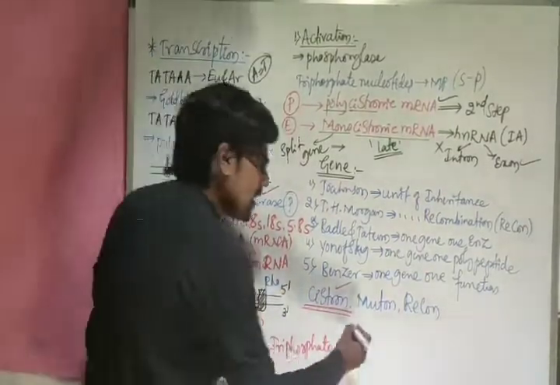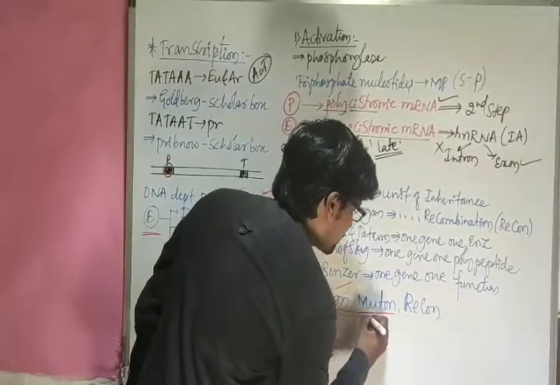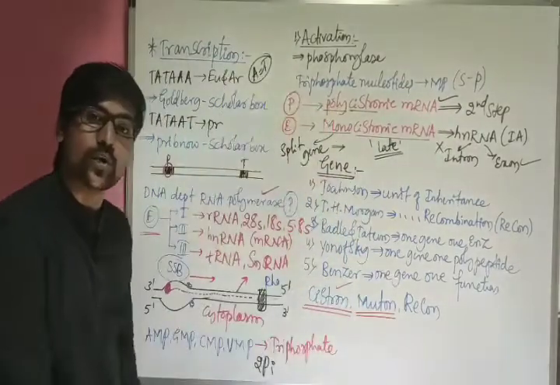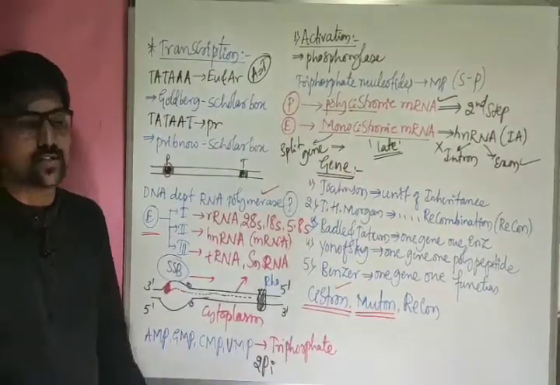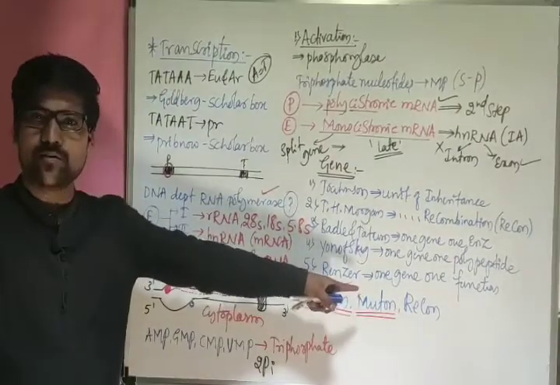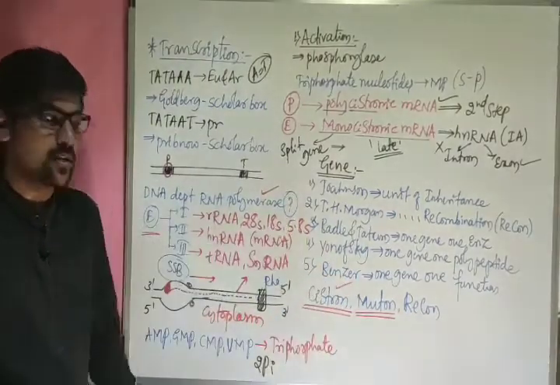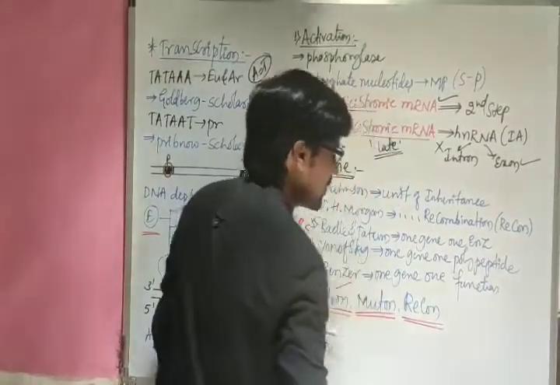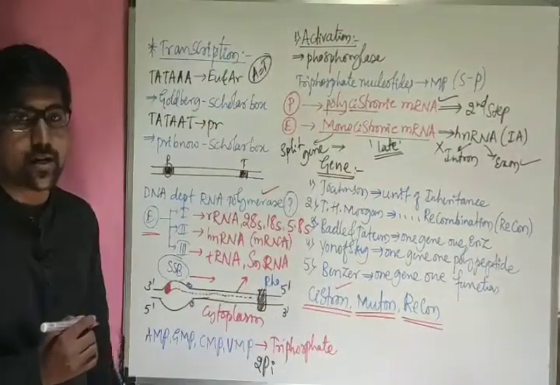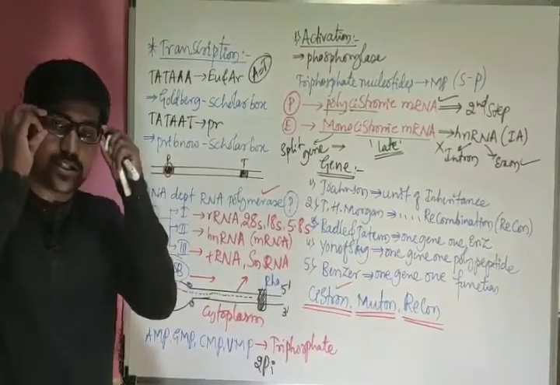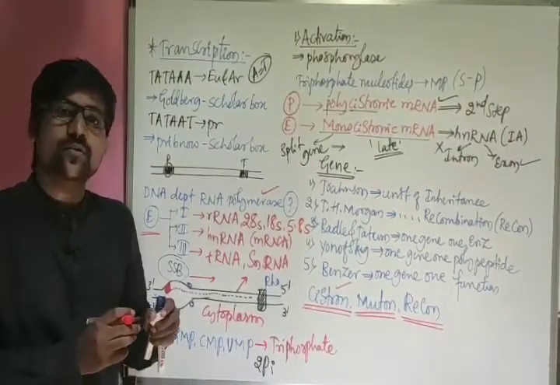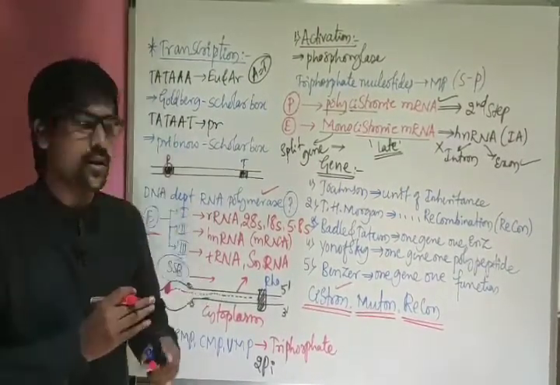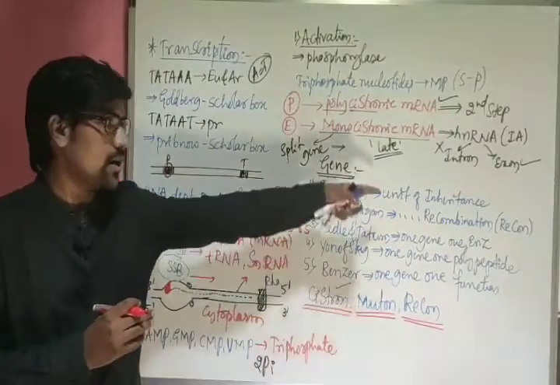Muton means the gene responsible for undergoing mutation, the changing gene. This is most important for the evolution process. Recon means the gene showing recombination. Its portion is less, as not all genes undergo recombination, only a few genes at the time of crossing over. So recon is the recombination gene according to T.H. Morgan.